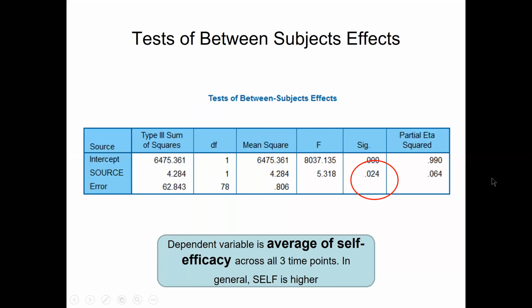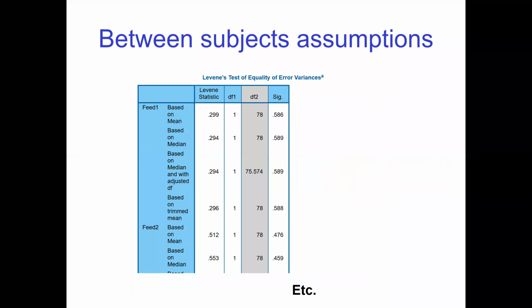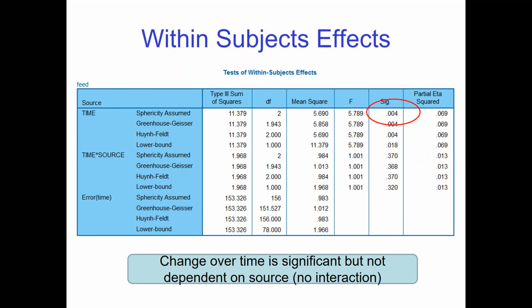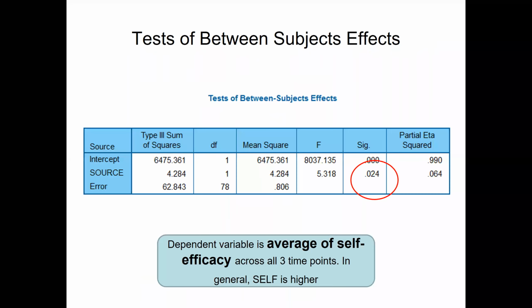Okay, so now we're going to look at the test of between subjects effects. We have met the assumption for between subjects, and we're going to look at the source variable, that's self versus peer, and we're going to see that that's significant. So now we've seen a main effect of time having met the assumptions, and a main effect of source having met the assumptions.